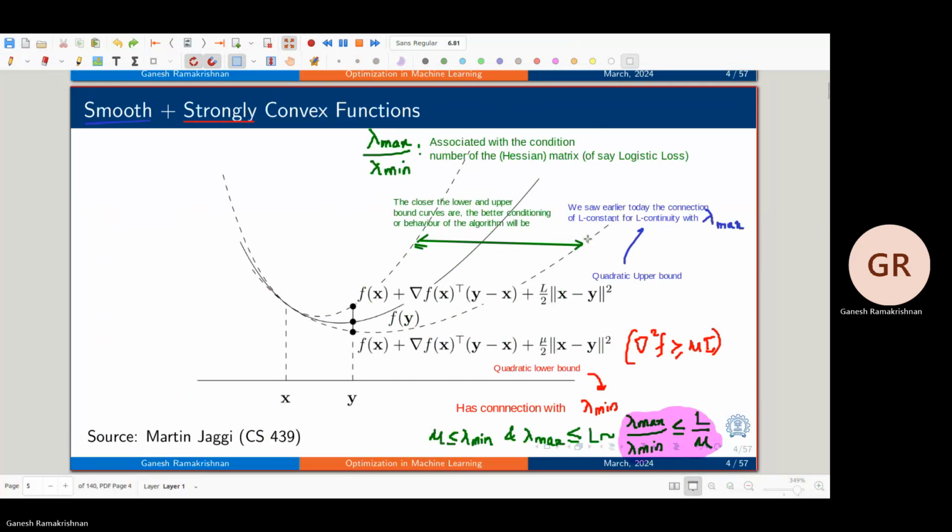So what is interesting in this picture is the gap between smooth and strongly convex functions. This picture is interesting to keep in mind.